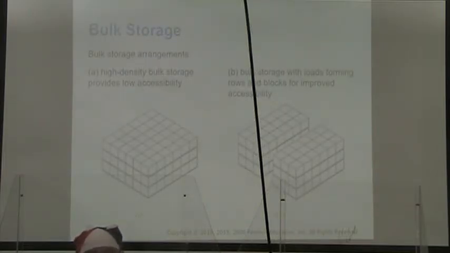And drawer storage, the contents of every drawer can be viewed if we open the drawer. Here we have bulk storage arrangements. A over here is a high density bulk storage, but again, it provides very low accessibility. Our B is bulk storage, but we have it formed into blocks for easier accessibility.